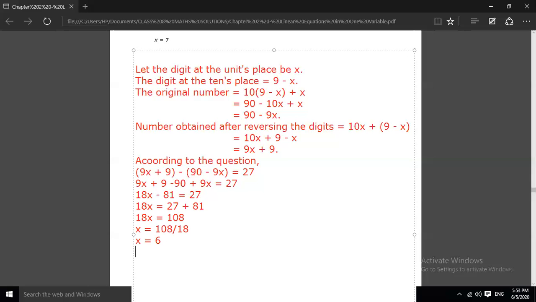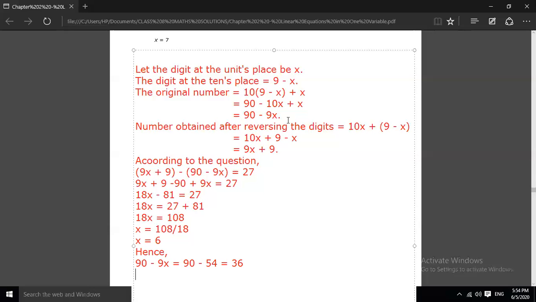Hence the original number is 90 minus 9x, which is 90 minus 9 into 6. 9 into 6 is 54, so we get 36.